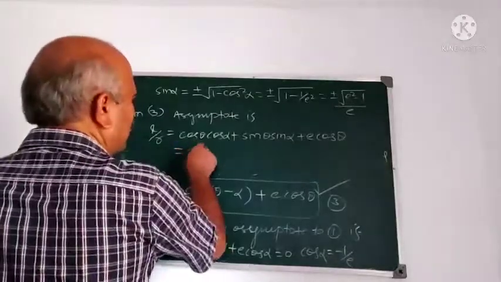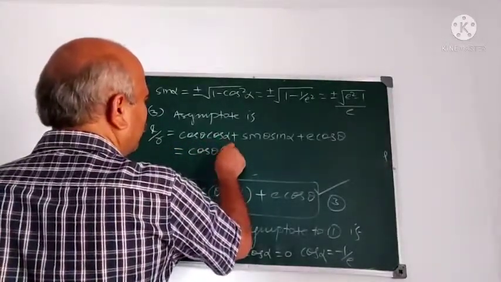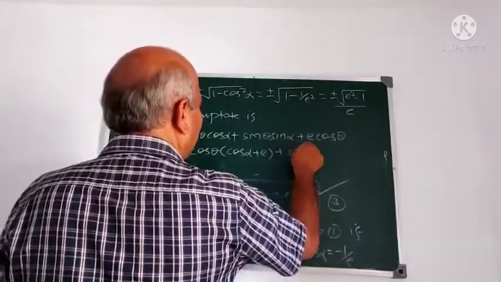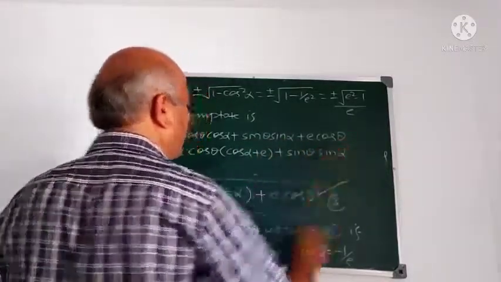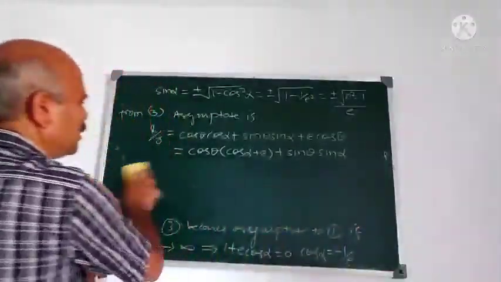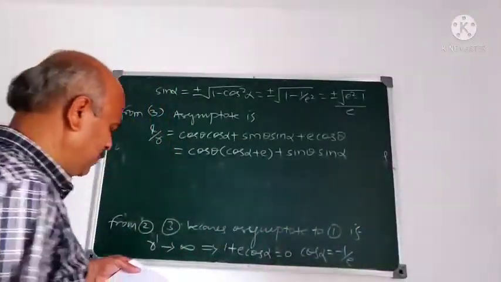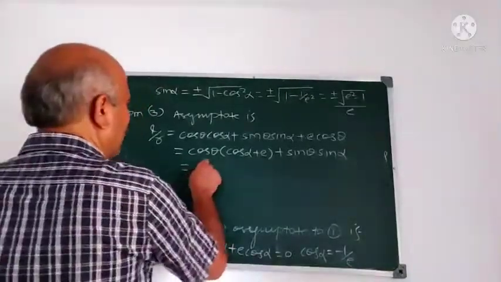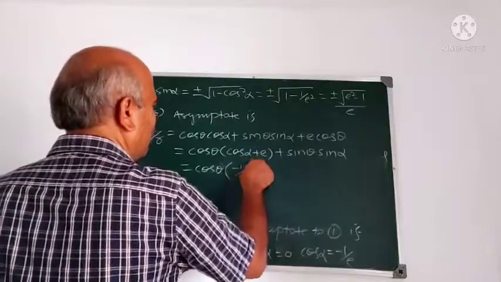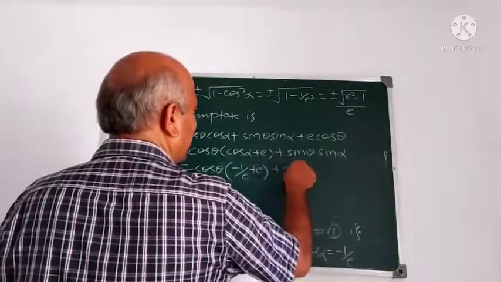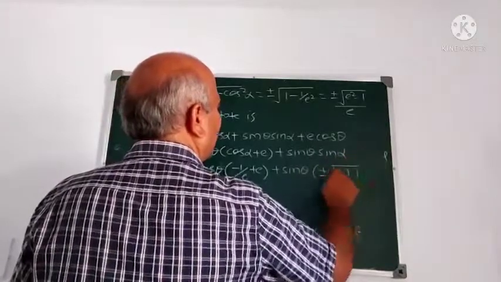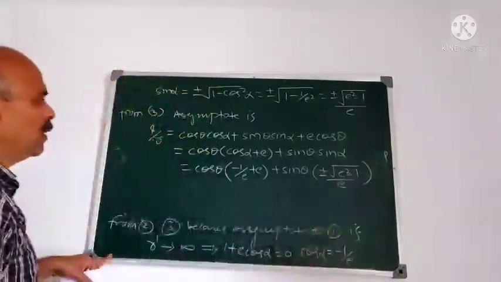Therefore it is cos theta into cos alpha plus e, plus sin theta into sin alpha. This is the equation of asymptote. But we simplify this. It is cos theta into, what is cos alpha? Minus 1 upon e, plus e. Sin theta, sin alpha is plus or minus root e square minus 1 by e.